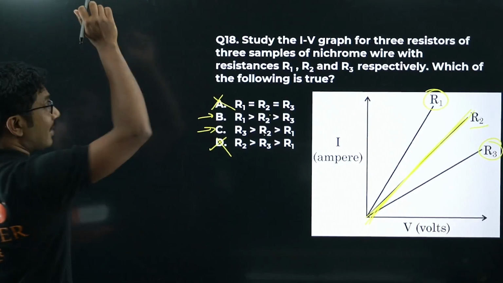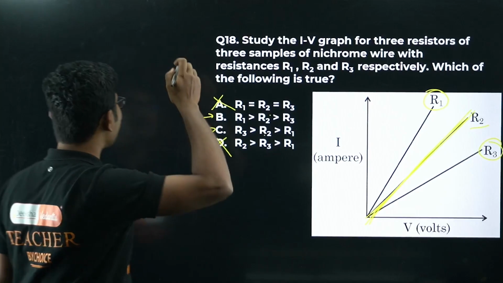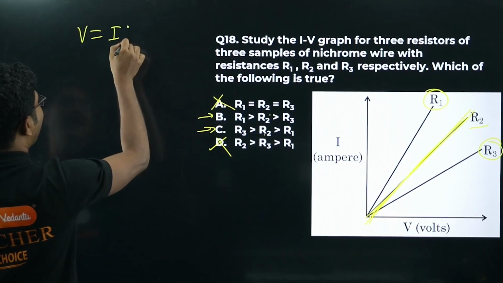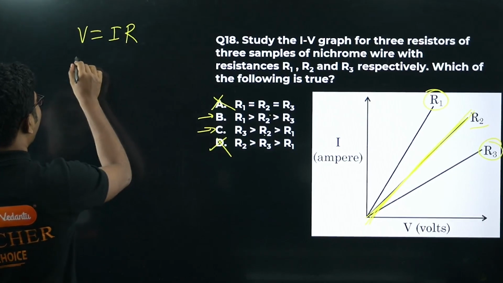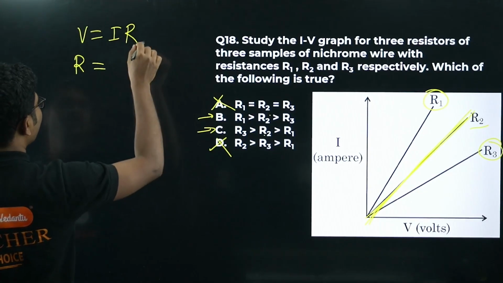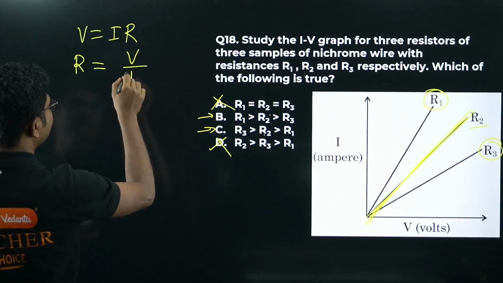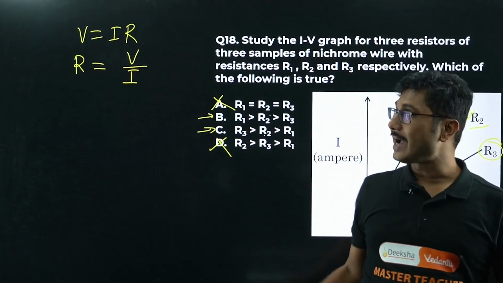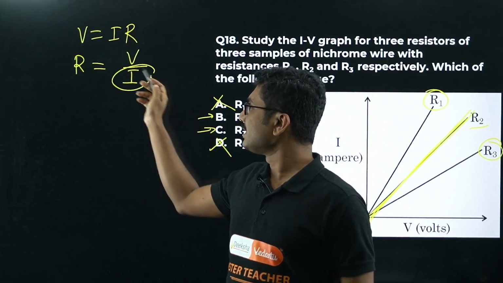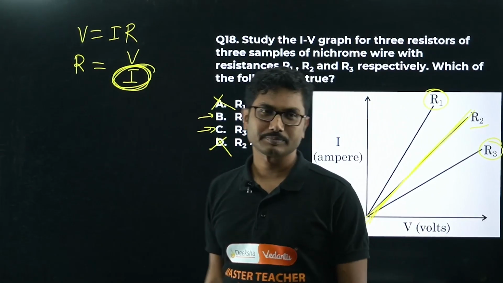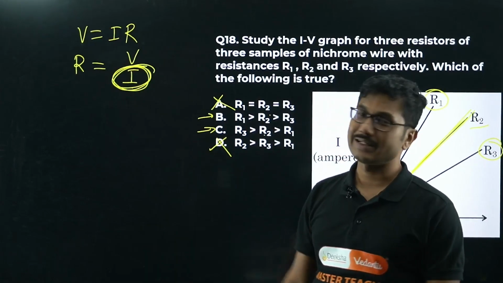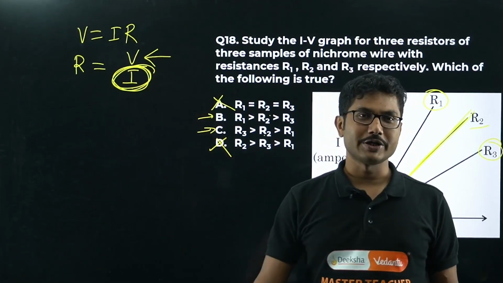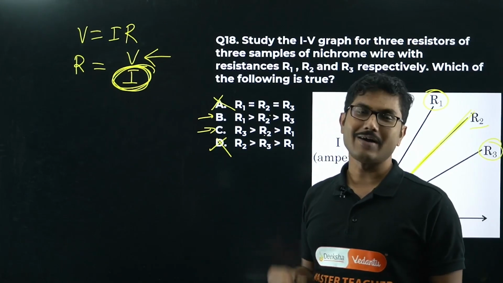So what is the formula to find the resistance? The formula to find the resistance is Ohm's law, that is V equals IR, or R equals V by I. Right, so R equals V by I. Now if we can somehow make this I constant, then whoever has the higher voltage or higher potential will have higher resistance.